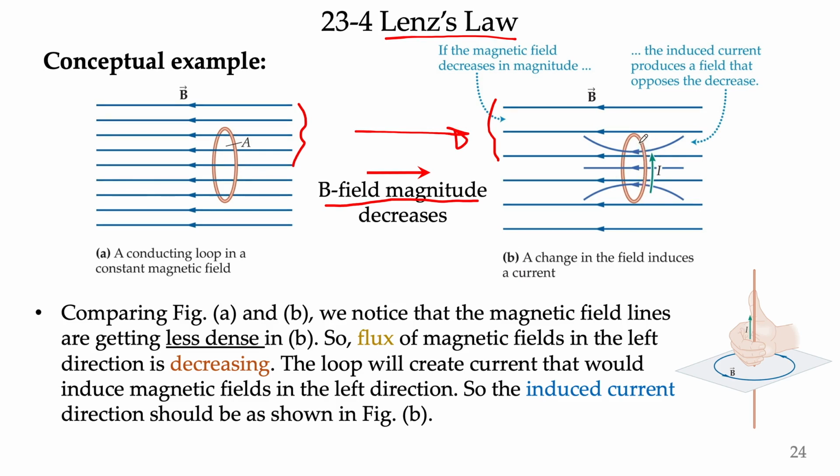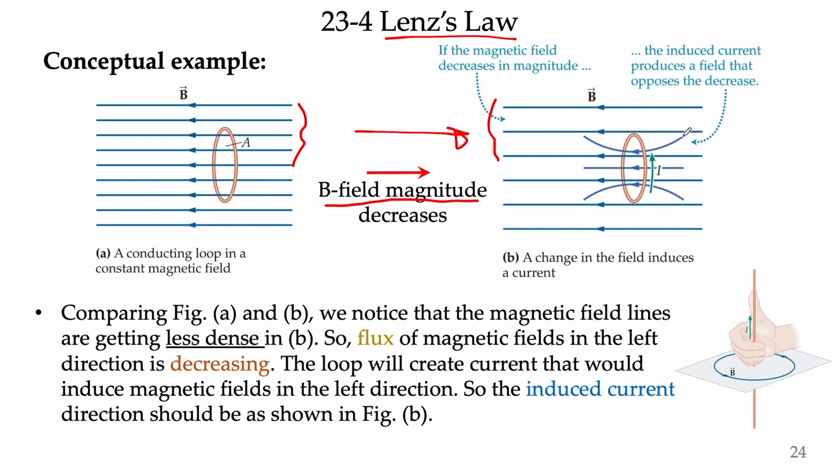Now, again, the loop will try to oppose this situation. So to oppose the decreasing flux, where the magnetic field lines are to the left, it will induce magnetic field lines to the left so that the flux increases.